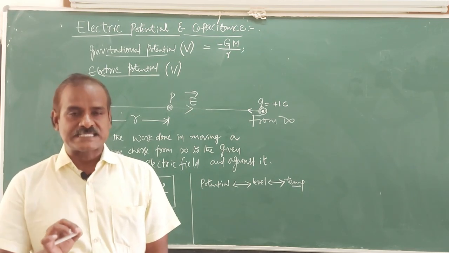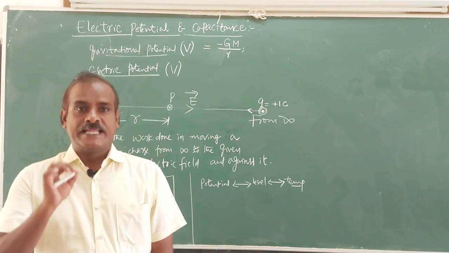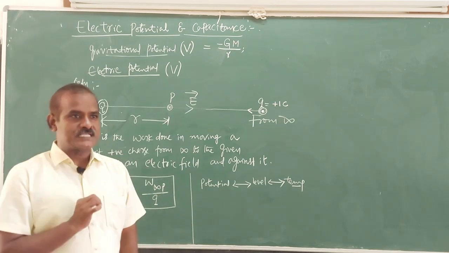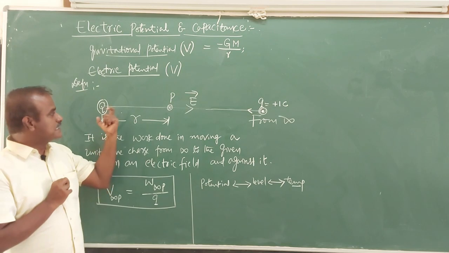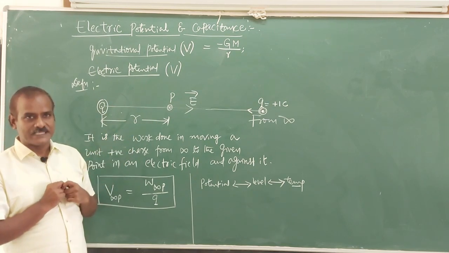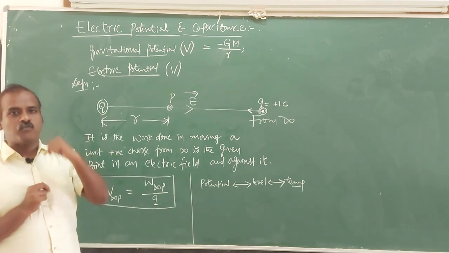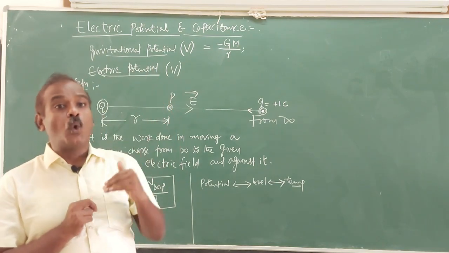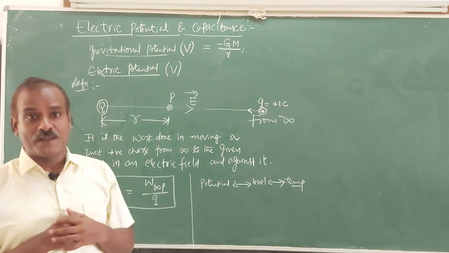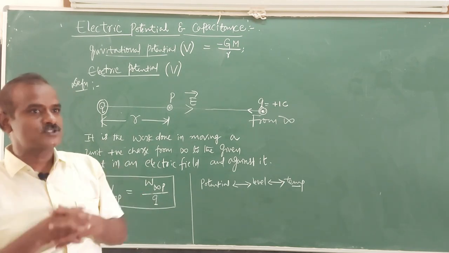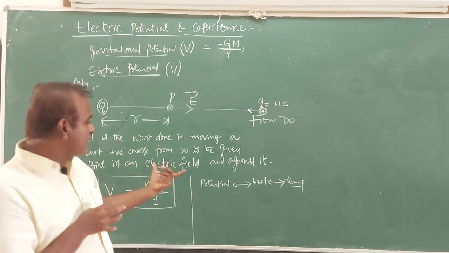Meaning, you can say strength, you can say level: how much is the strength of this charge at this point. Like the level of water in a vessel, high level, low level.